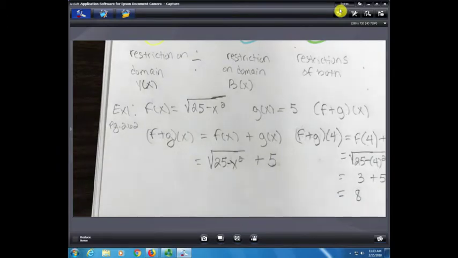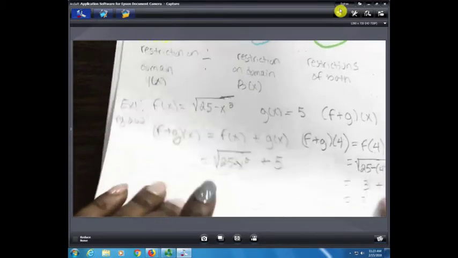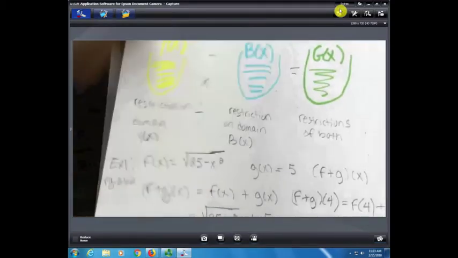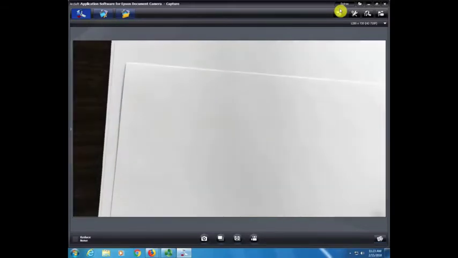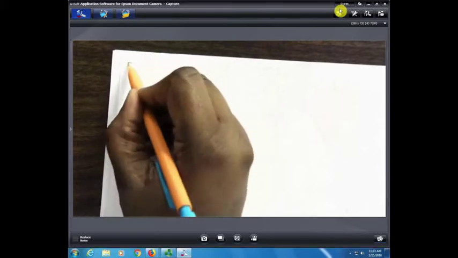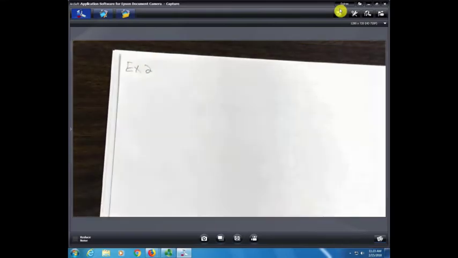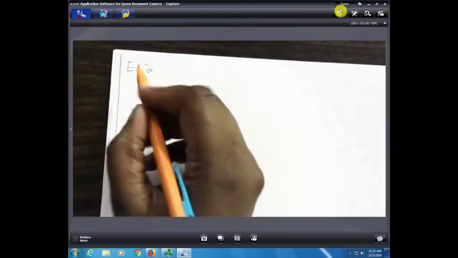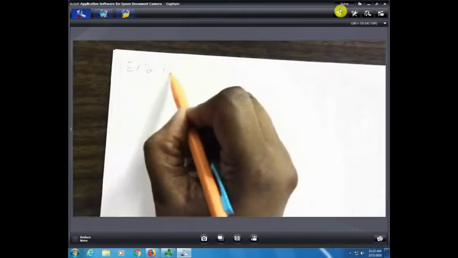All right, so let's keep going here. Let's look at example 2. So example 2 says evaluate functions for given values of x, and this is page 263.